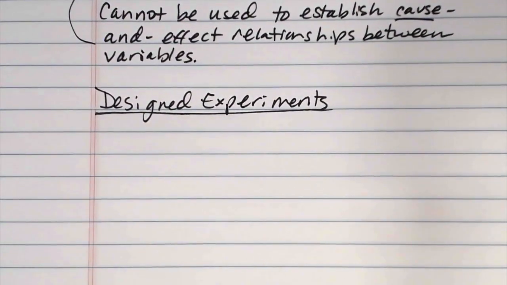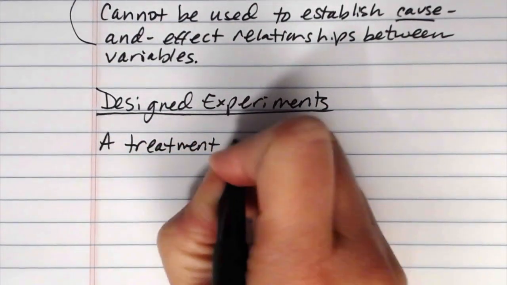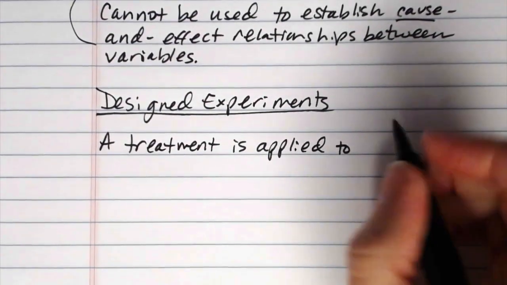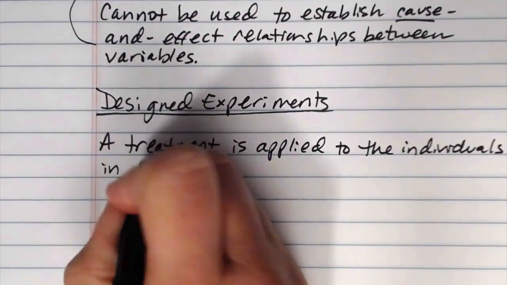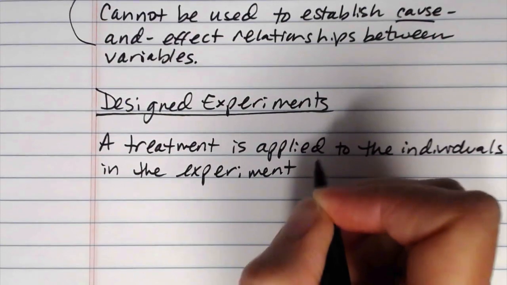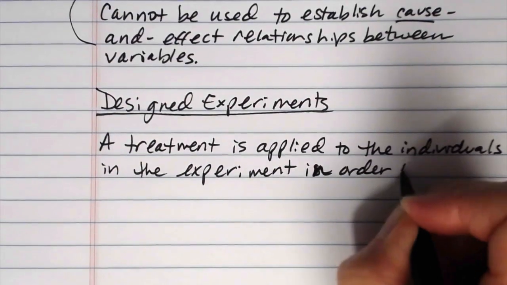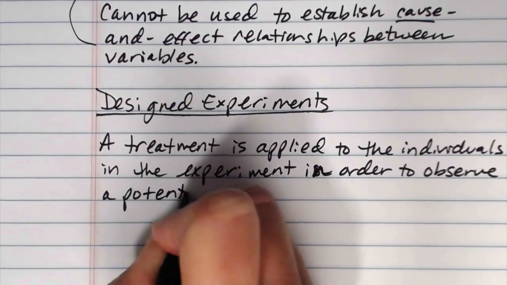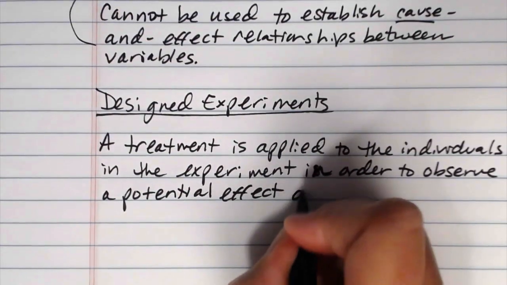All right, so in designed experiments, a treatment is applied to the individuals in the experiment in order to observe a potential effect on the variable being measured.